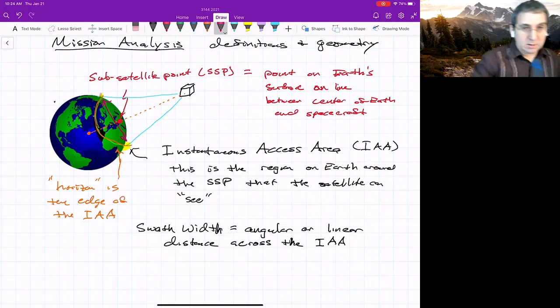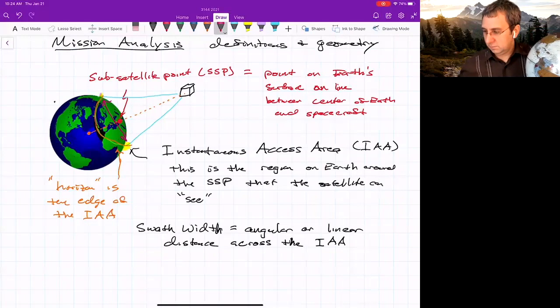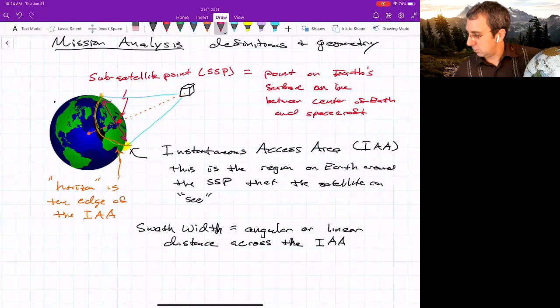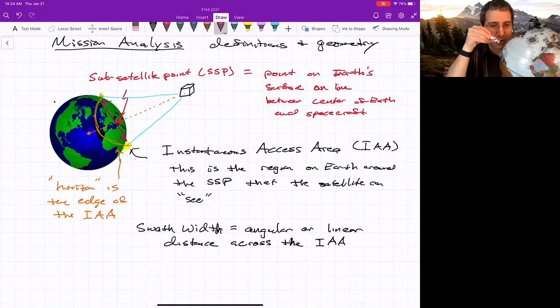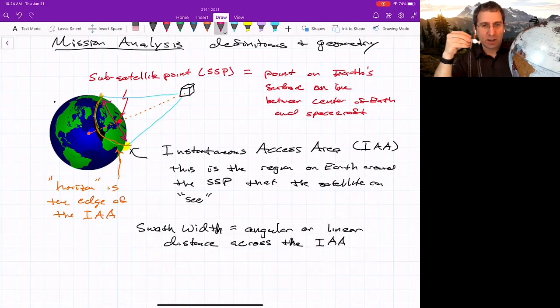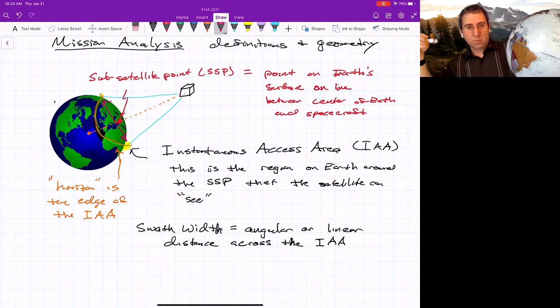So using my globe, well, let me use a tiny spacecraft. Here's a tiny spacecraft, right? If you're really close to the Earth, you can imagine drawing a cone, and there's only so much of the Earth I can see. You might even ask yourself, what's the maximum amount of the Earth I could see? The maximum amount of the Earth that you could see is half the Earth, right?